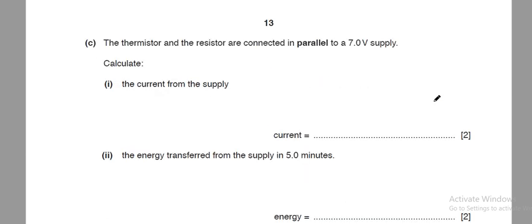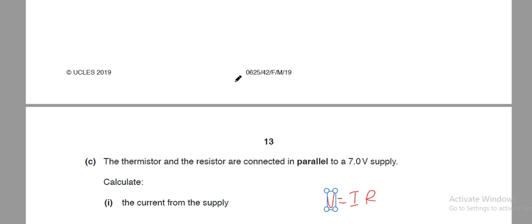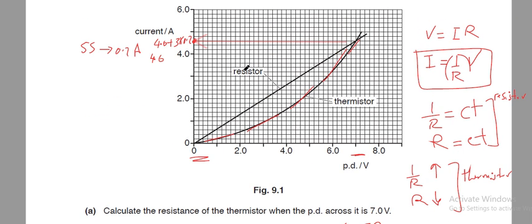Thermistor and resistor are connected in parallel to 7 volt. Calculate current from supply. Again, using Ohm's law, V equals IR, we saw that both resistor and thermistor at 7 volt potential difference have the same value of current, which is 4.6 ampere.